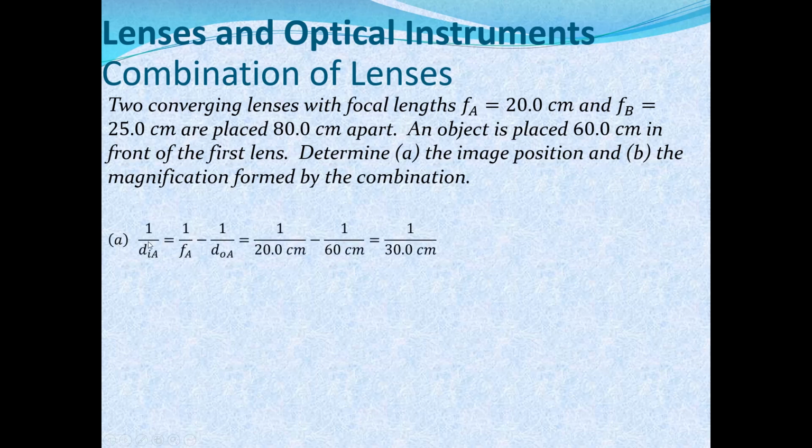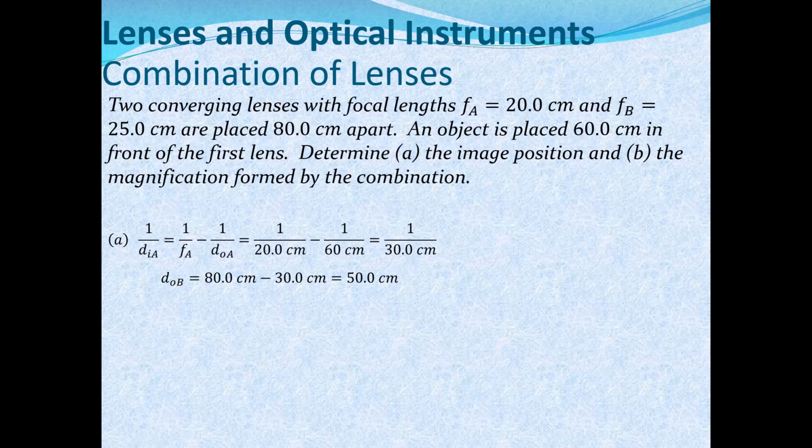All right. So what we're going to do is do our equation first to figure out where the initial image is created. So we plug our numbers in and we get 30 centimeters as the image distance.